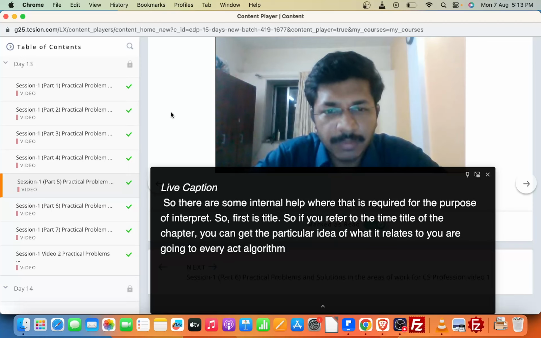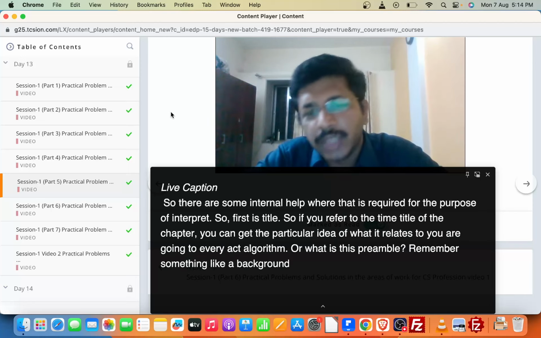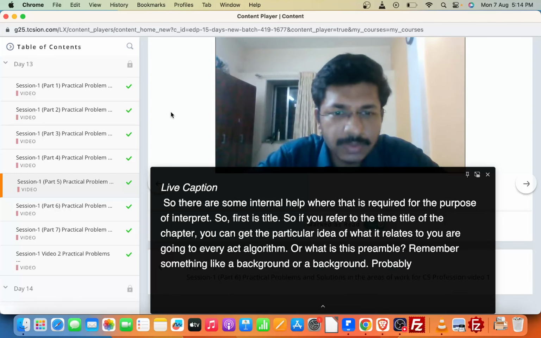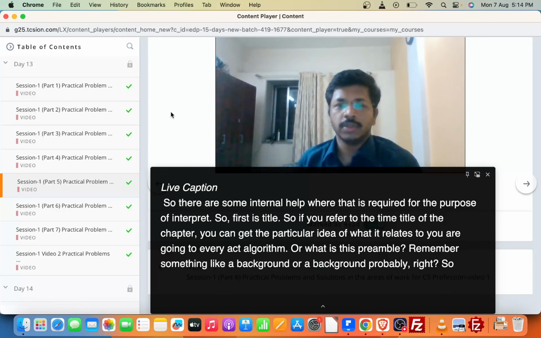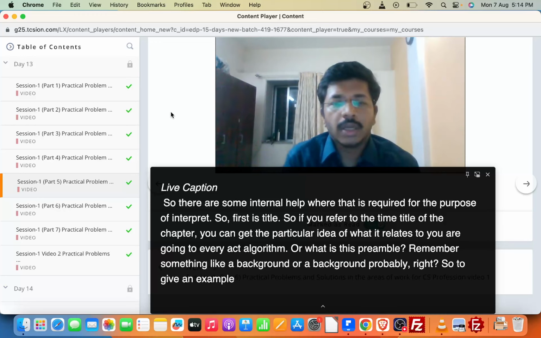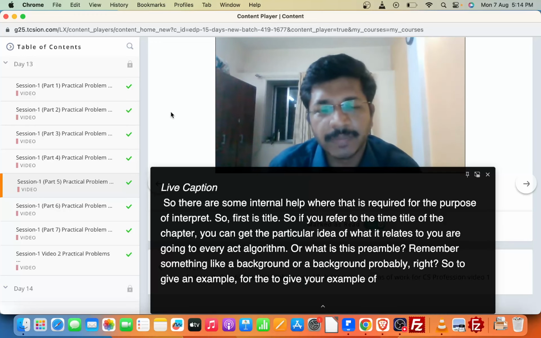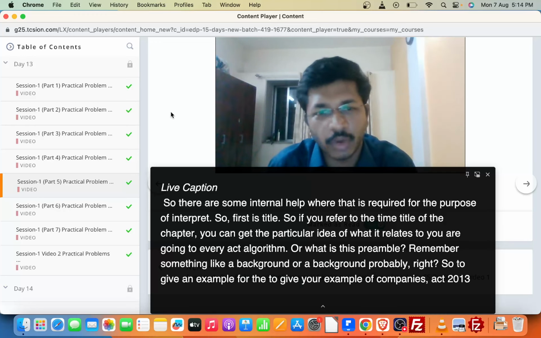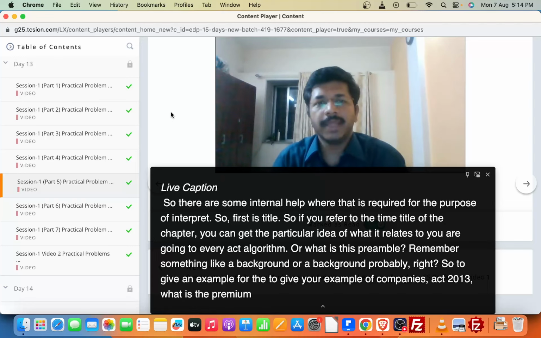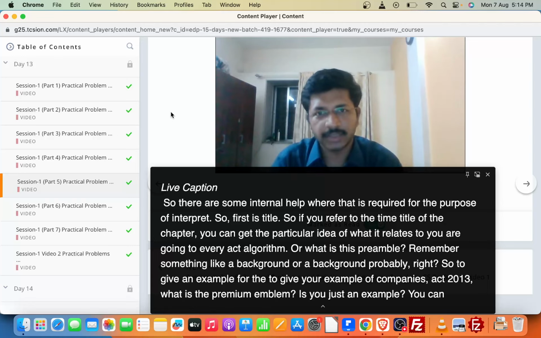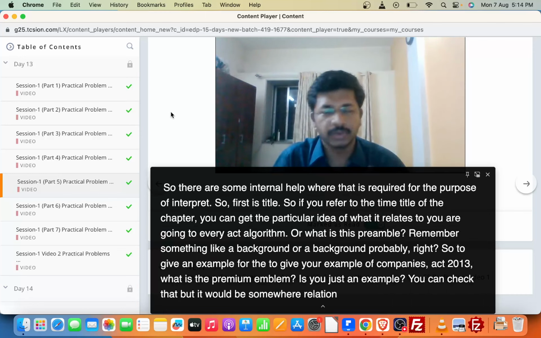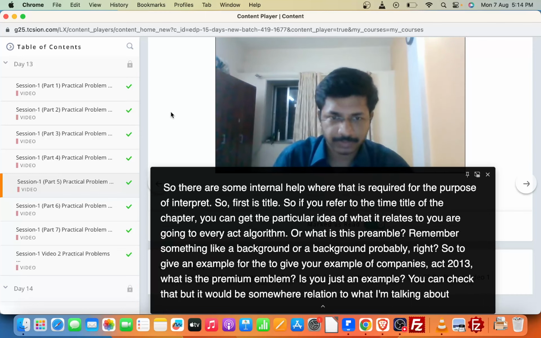Every act has got a preamble. Now what is this preamble? Preamble is something like a background to the act or a background to the bill, right? To give you an example of Companies Act 2013, what is the preamble? This is just an example. You can check that, but it would be somewhere in relation to what I'm talking about.